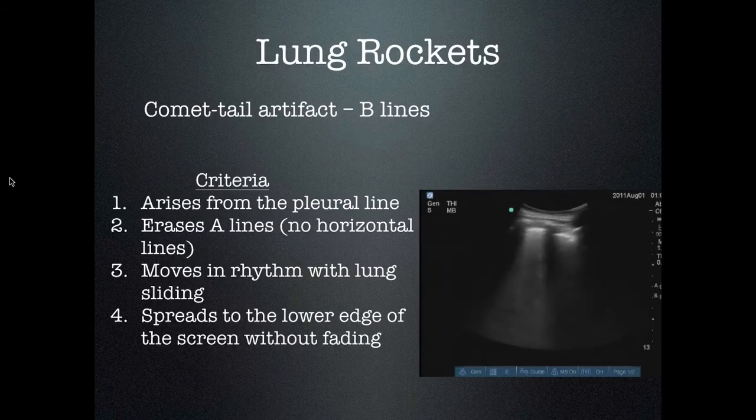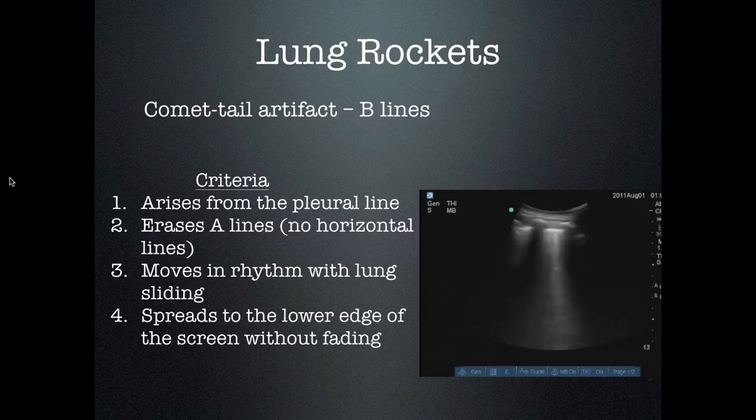Now, to be a comet tail artifact and mean that there's an air-water interface in the lungs, or B-lines, you must meet certain criteria. The first one is that the artifact, these lung rockets, these vertical lines, must arise from the pleural line. So if it does not arise from the pleural line, it is not an air-water interface indicative of a B-line.